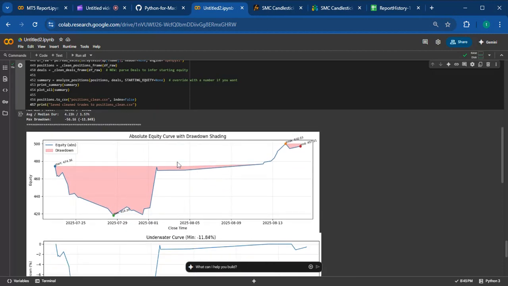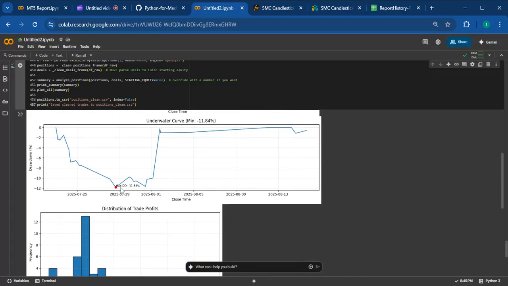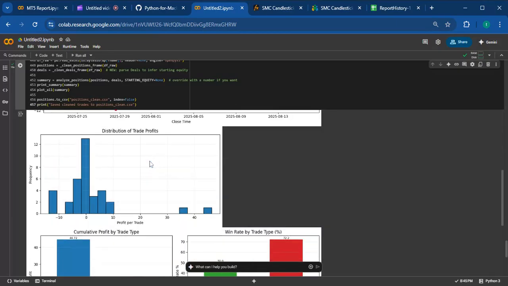Then we have a different view. This is the absolute equity curve with the price at each of the peaks and troughs. Here, this is the drawdown, 11.84%, the underwater curve. This is the distribution of trade profits.